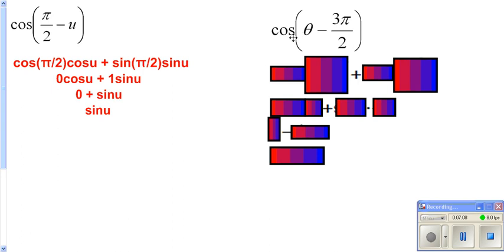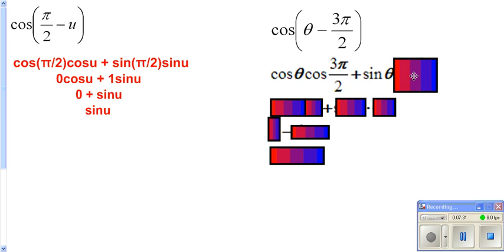Here, once again, we have the cosine of two angles being subtracted. So we're going to use the same formula. Cosine of the first angle, cosine of the second angle, plus, because remember when you're dealing with cosine, the sign that you have here is always the opposite of this one, where with sine, they're the same. Sine of the first angle, sine of the second angle.